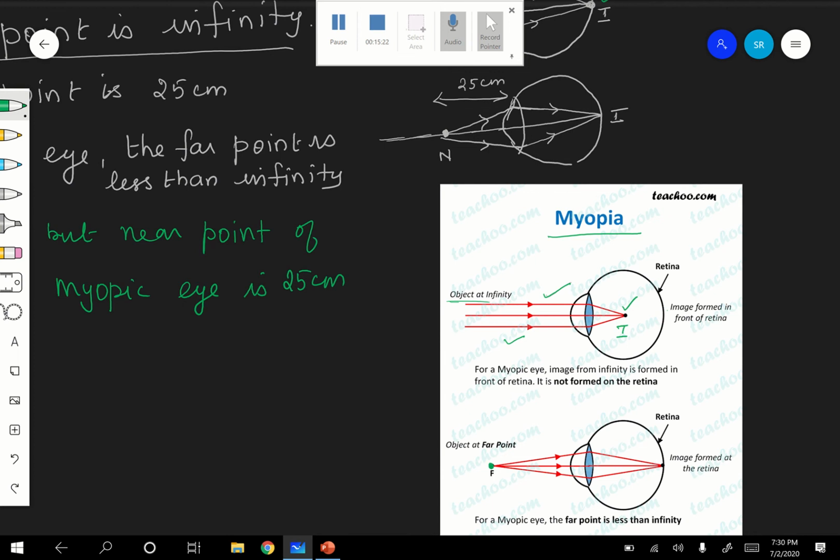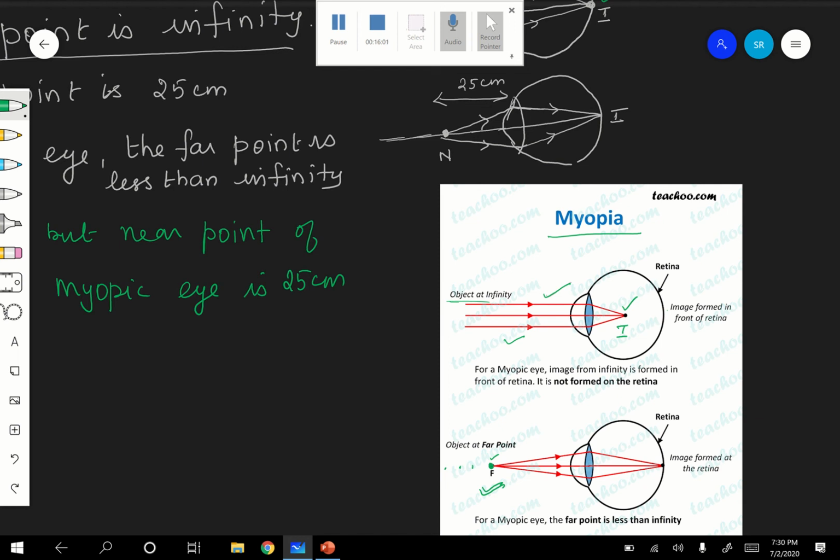This is the far point of the myopic eye, I am showing it with the green, this F. The myopic eye says, I can form the proper image only if it is at F. If the object is kept beyond F somewhere, I cannot form the image on the retina.